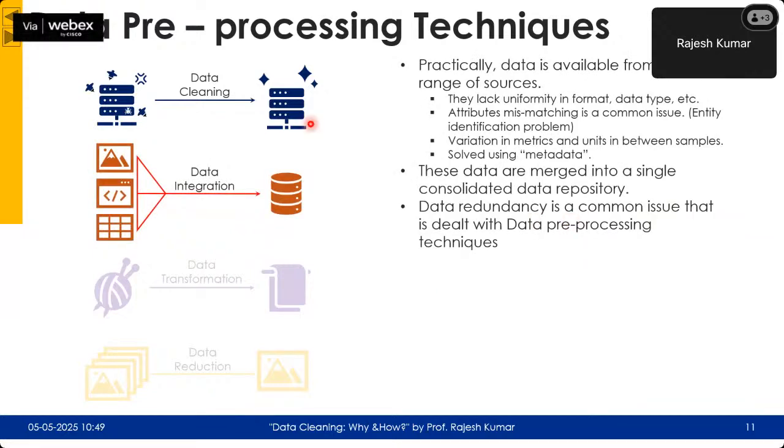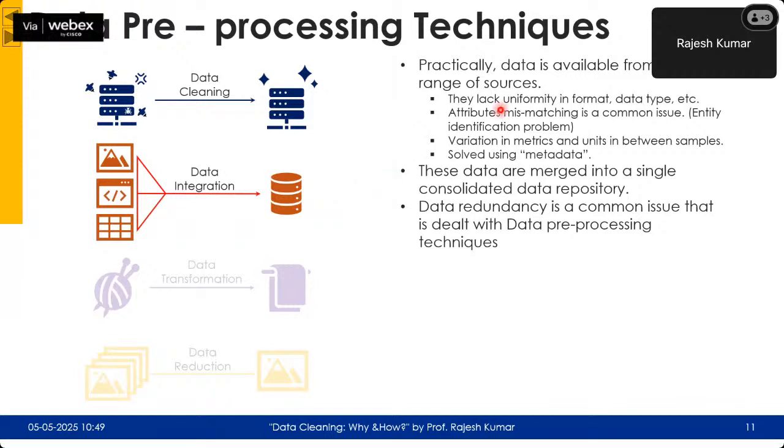The second part of pre-processing is data integration. So how to integrate it and what are the challenges? Because I told you, as on today, data collection is huge, it's vast, and it has a lot of variety.